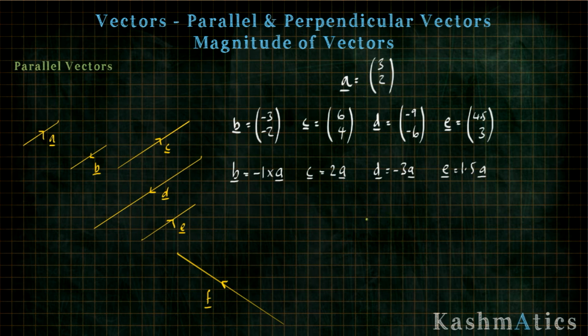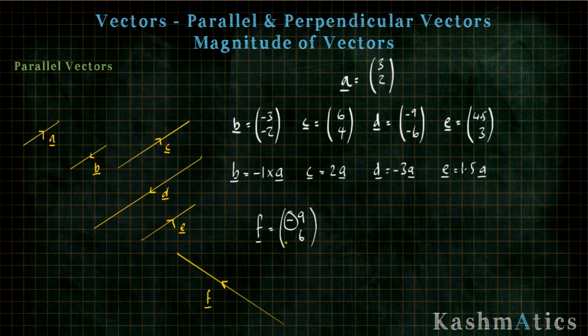Now you might be wondering why I bothered drawing vector F on the board. Let's have a look at the size of vector F. Vector F goes 9 to the left and 6 up, so minus 9, 6. The reason I put that there is because 9 and 6 are 3 times 3 and 2. But what you need to make careful note of is this negative sign here.